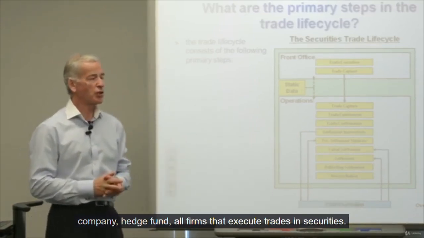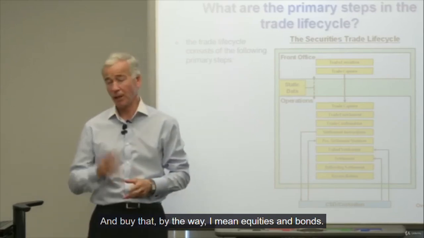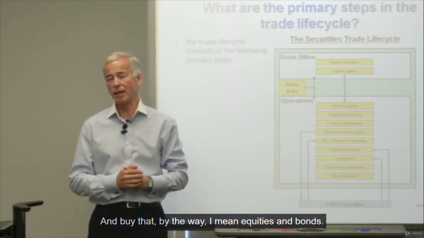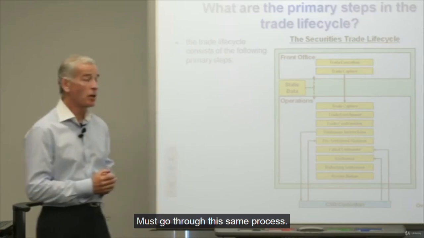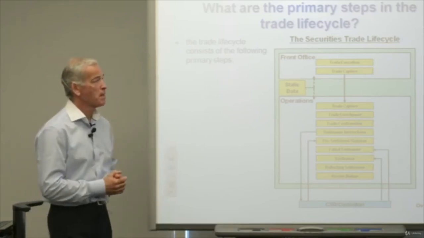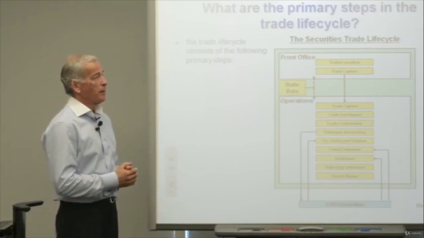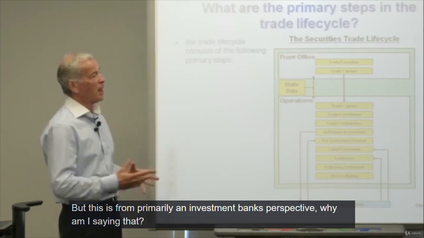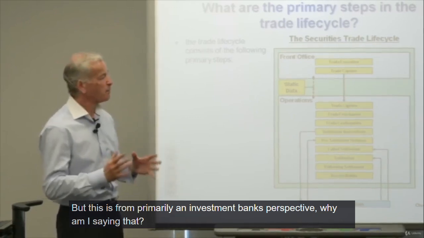All firms that execute trades in securities, and by that, by the way, I mean equities and bonds, must go through this same process. But this is from primarily an investment bank's perspective.